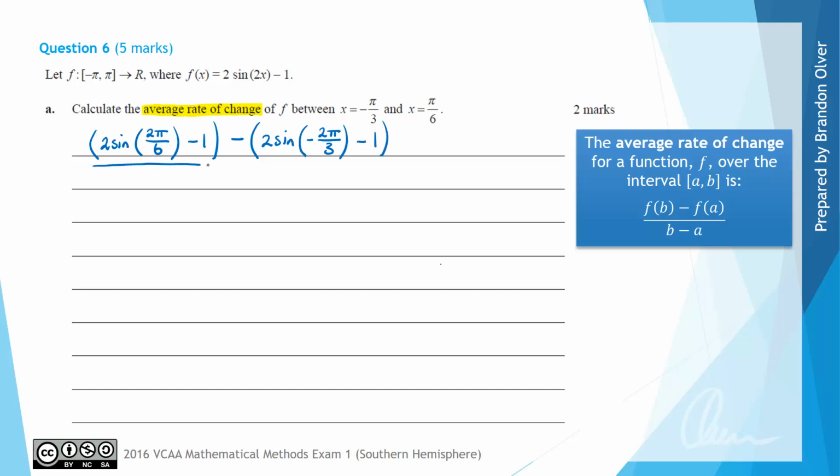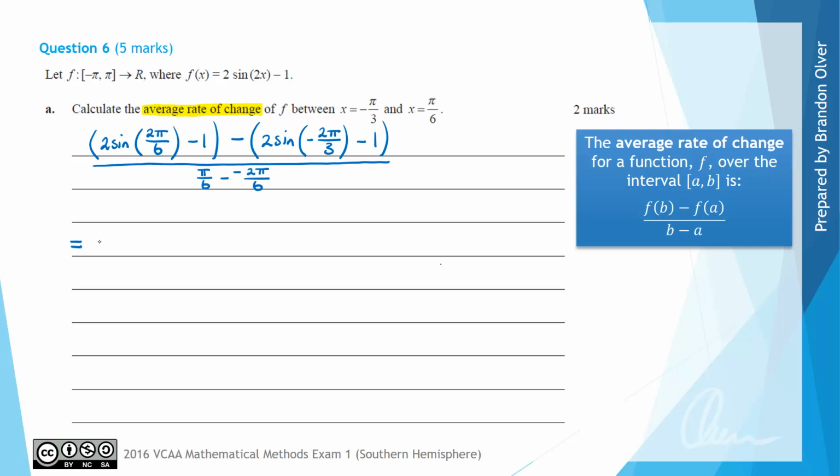That is divided by b take a, which is pi on 6 subtract negative pi on 3. We want a common denominator, so I'm going to turn that into 2 pi on 6, so that we can easily add those together now that there's two negatives.